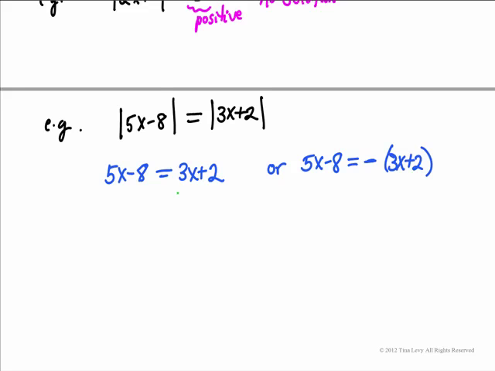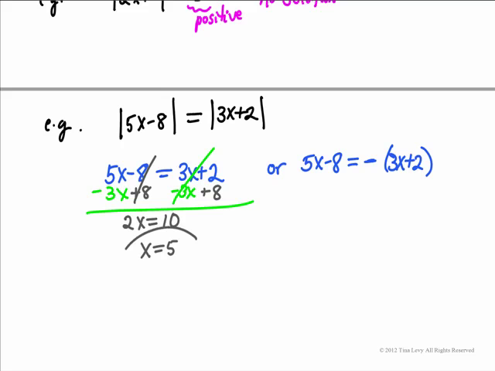Now we proceed to solve this. I'll subtract 3x from both sides. I'll add 8 to both sides. And I get 2x is 10, so one value is 5. Now for this one, I have 5x minus 8. I have to distribute the negative through: negative 3x minus 2.